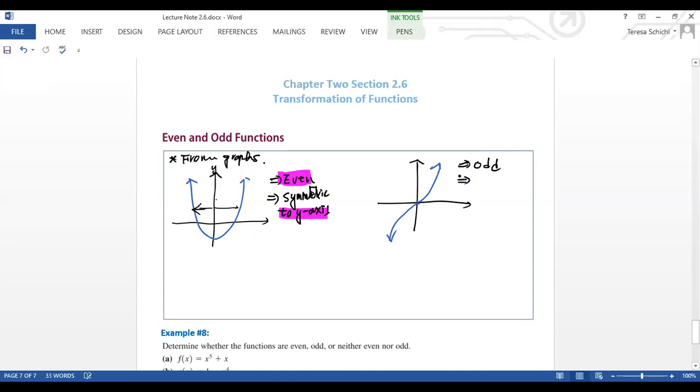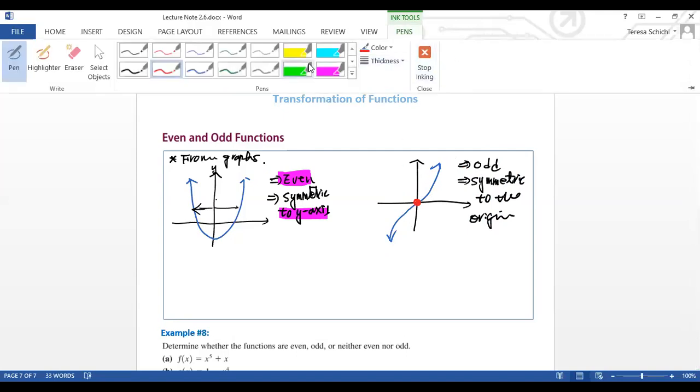Because this one is symmetric to the origin. Here is my origin, 0, 0. That means if you flip this leg going down, it will land like this one here. So that's why we say this is an odd function.